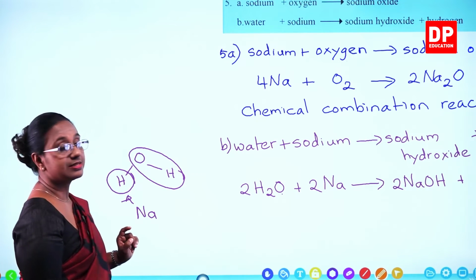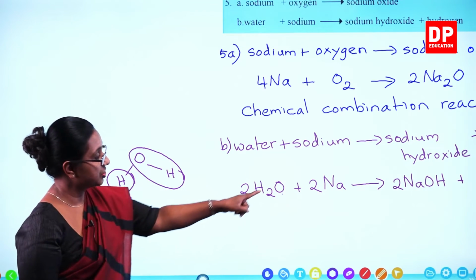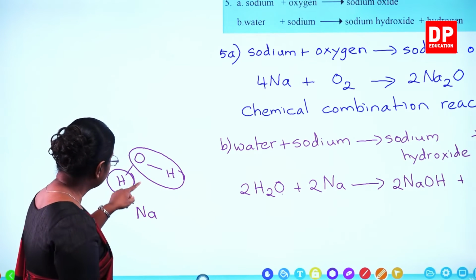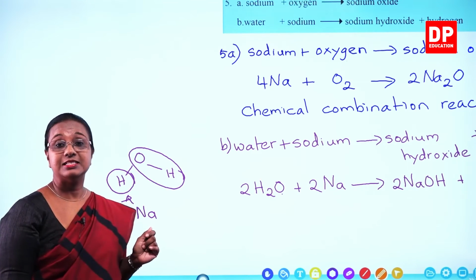Sodium displaces hydrogen from water. That is why it combines with OH and forms NaOH, and hydrogen is liberated as hydrogen gas.